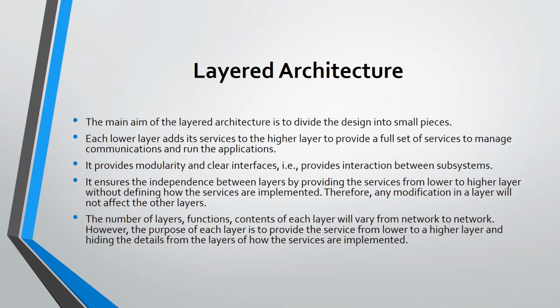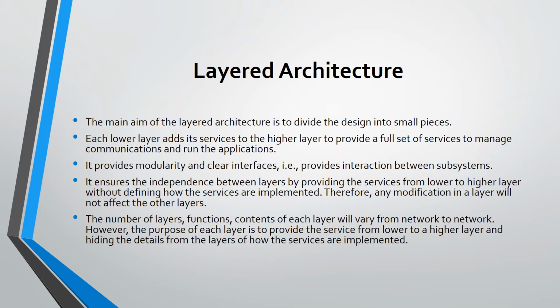The layered architecture also provides modularity and clear interfaces, meaning that it provides the interaction between the subsystems. And it ensures the independence between the layers by providing the services from the lower to the higher layer without defining how the services are implemented.